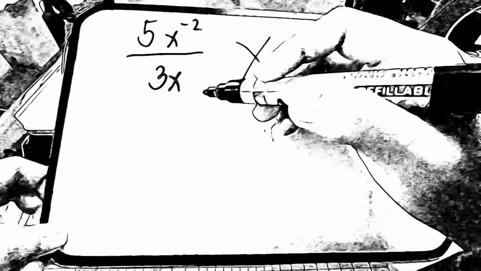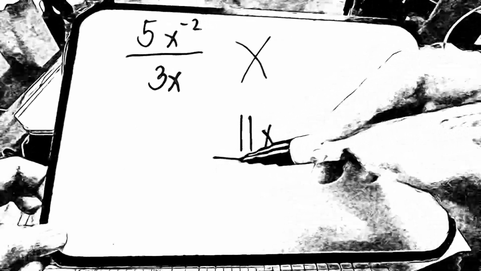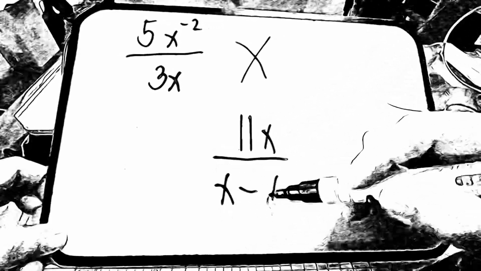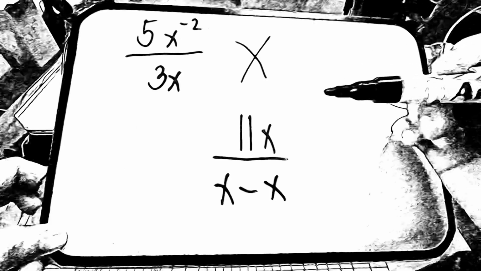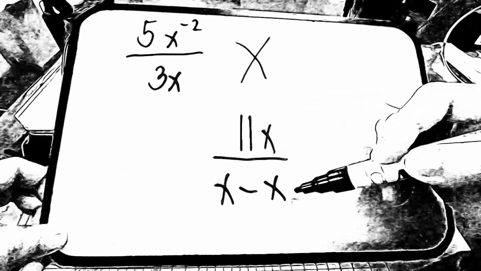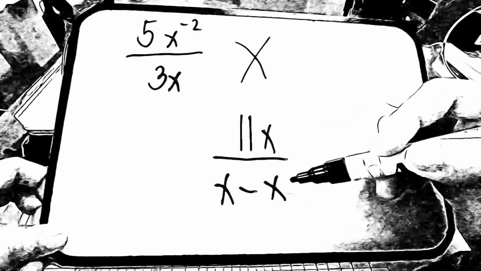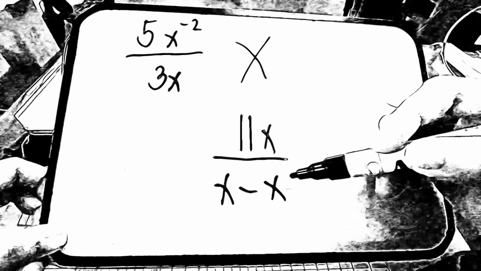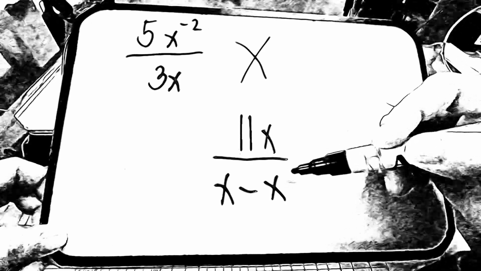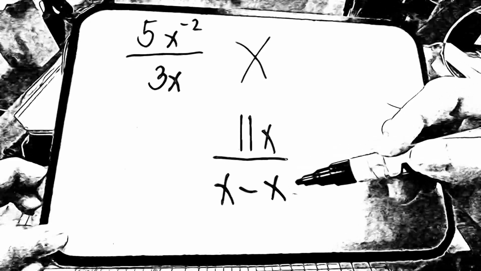Example number 2, I have 11x all over x minus x. The numerator and the denominator should be polynomials. The numerator and the denominator are polynomials. Therefore, the first condition is met. The second condition, the denominator should not be equal to 0.